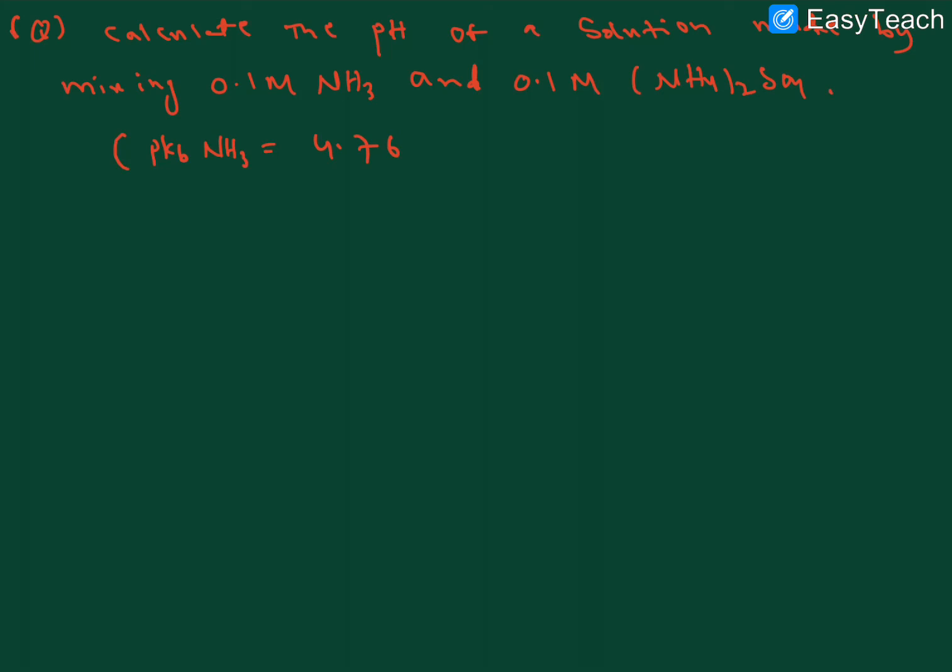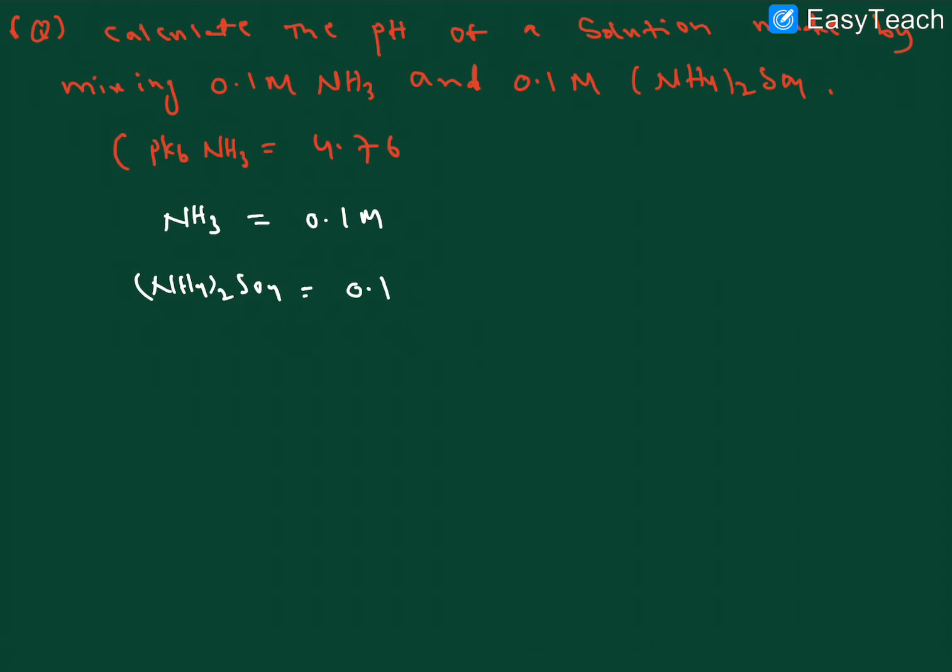So I hope it is clear. Right, one more question here. Calculate the pH of a solution made by mixing 0.1 molarity of ammonia and 0.1 molarity of ammonium sulfate, right? So the concentrations are very clear here. The base concentration, ammonia, is equal to 0.1 molarity.